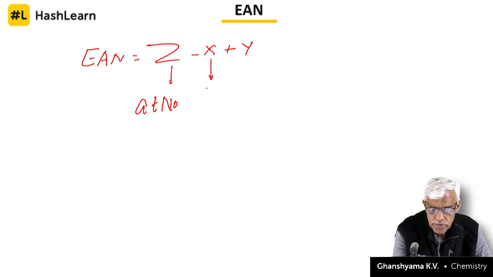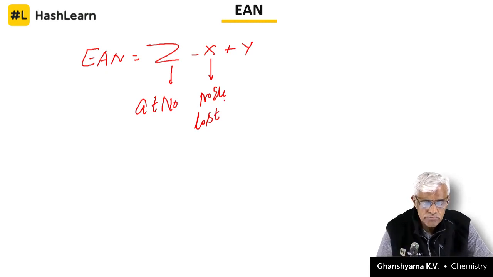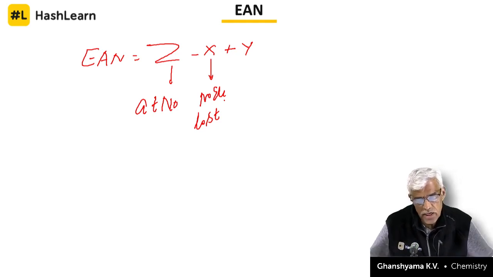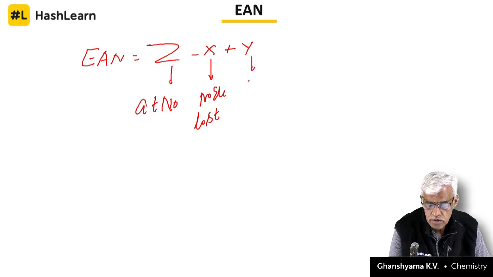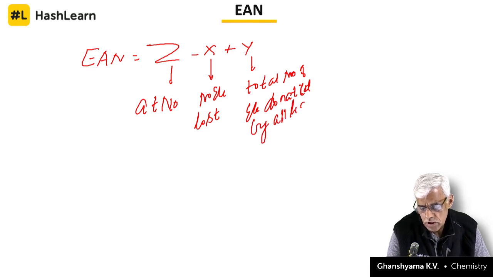X, number of electrons lost to get the central metal ion. If no electrons are lost, X is 0. Y is the total number of electrons donated by all ligands.